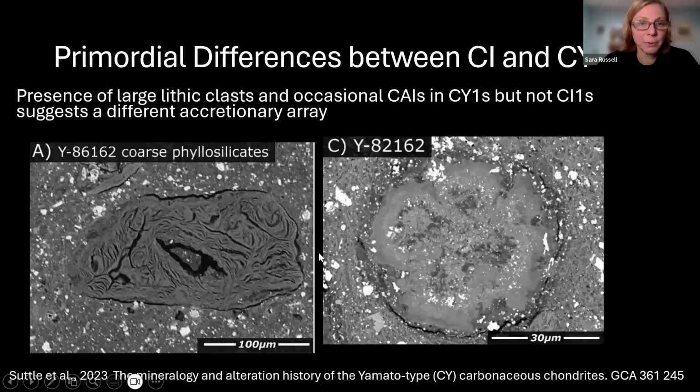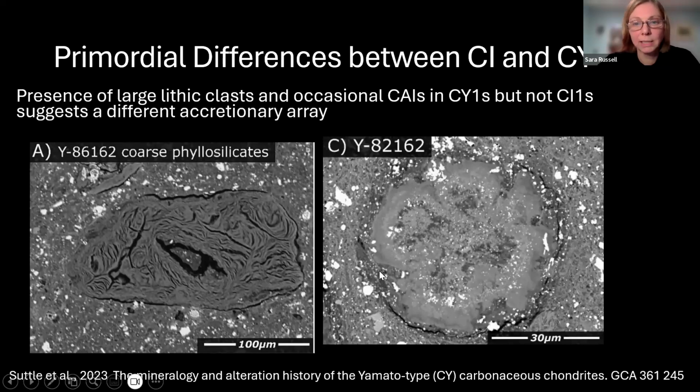So these are examples both from Y86162, which admittedly is sort of marginal because it has some features that are slightly type 2-like, but you can see it has large features in here, like there's this big clast that's now phyllosilicate, but was clearly once a lithic clast. We don't see anything like that in the CIs.